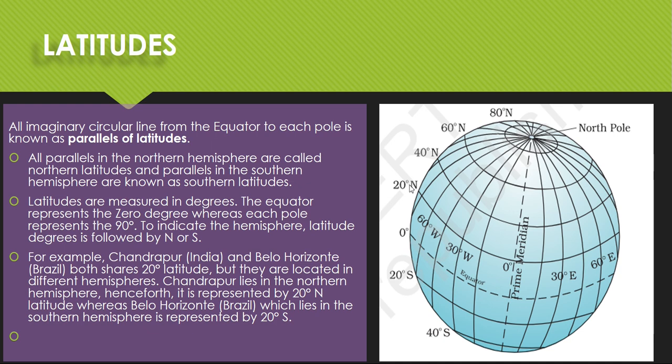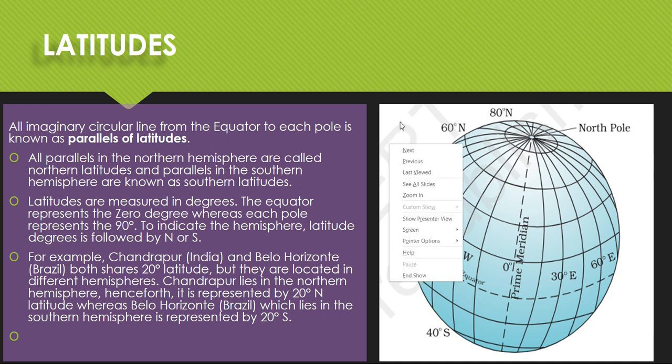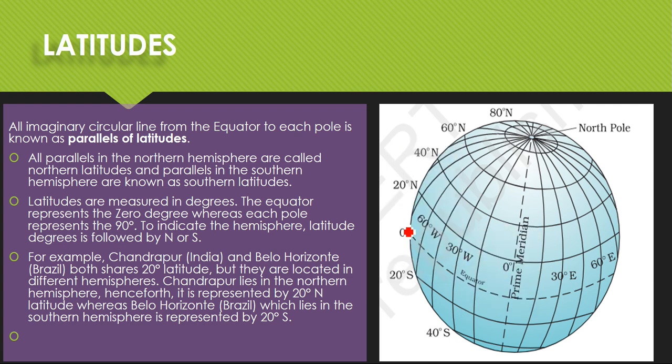Now you can see here, the equator represents 0 degree, whereas each pole represents 90 degree.